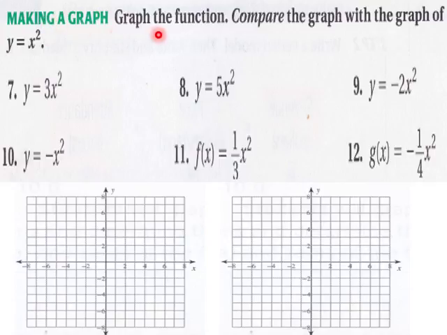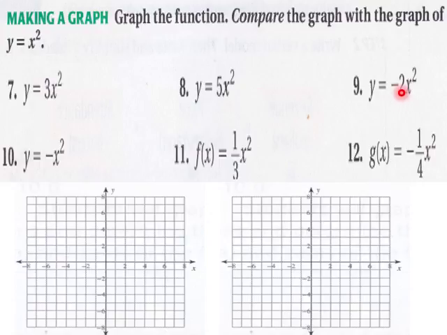And then making a graph of the function. Compare the graph with the graph of y equals x squared. First thing you do is graph y equals x squared, which goes something like this. And then put your other graph on the same grid so you can compare them. You can see how 3x squared is going to be quite a bit steeper, or a tighter parabola, than y equals x squared, which is a flatter parabola.